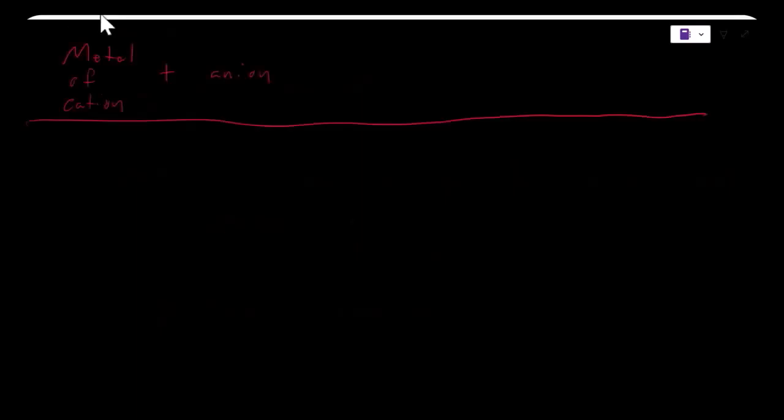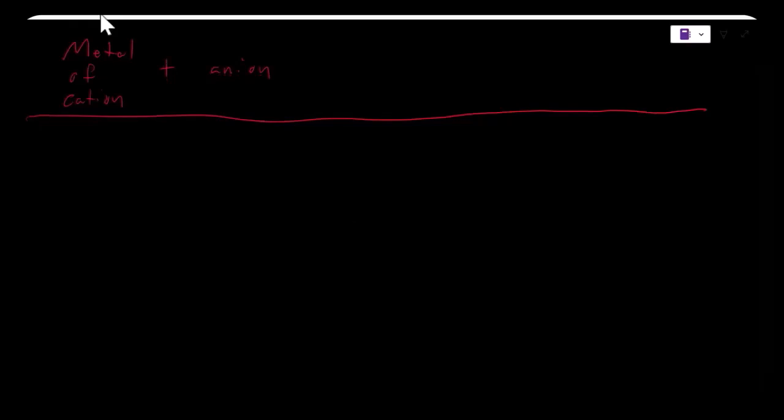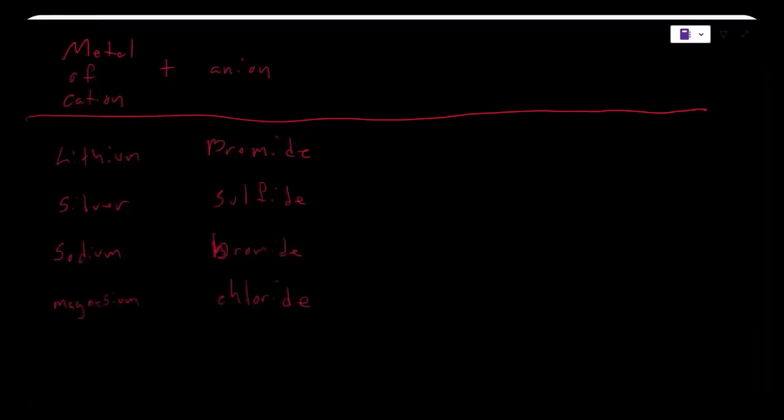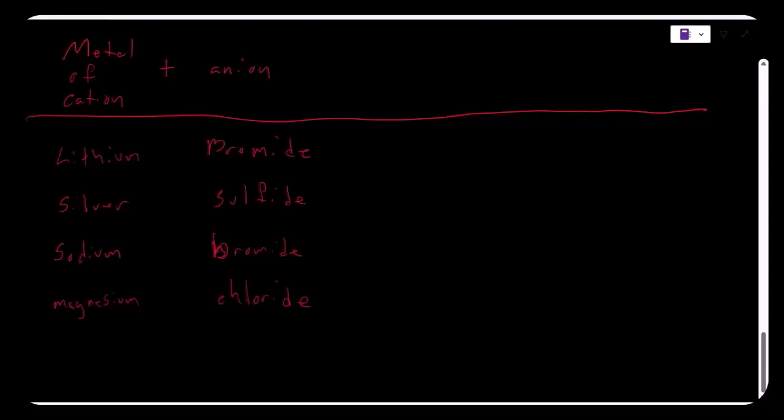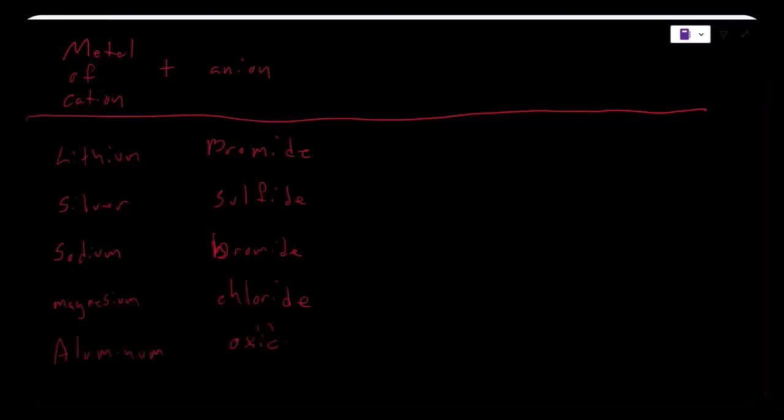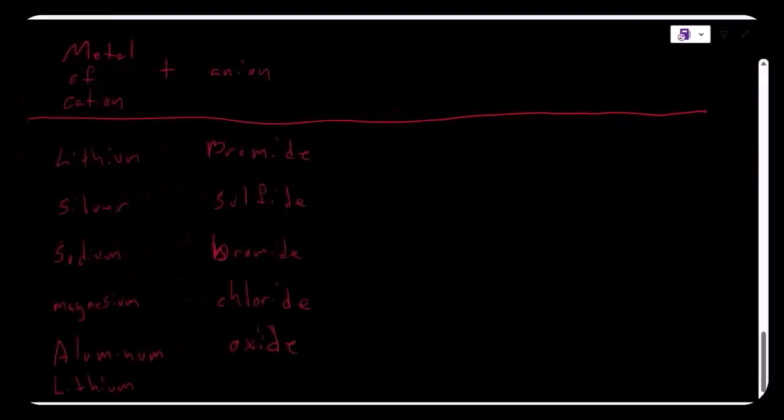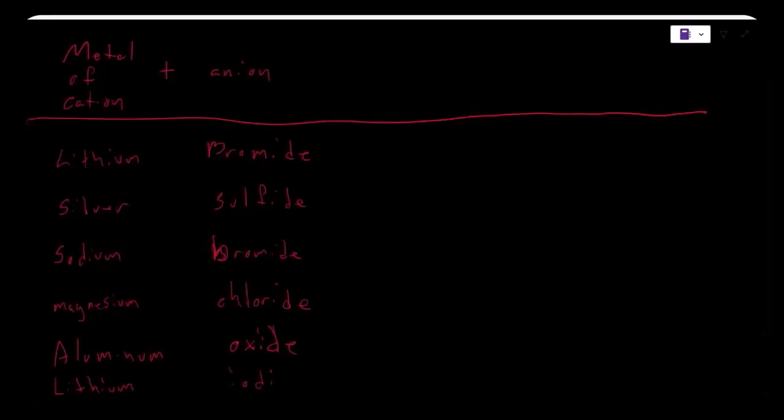So I'm just going to make a table and give some examples of names. We have the metal of the cation plus the anion. Examples would be lithium bromide, silver sulfide, sodium bromide, magnesium chloride, aluminum oxide, lithium iodide.